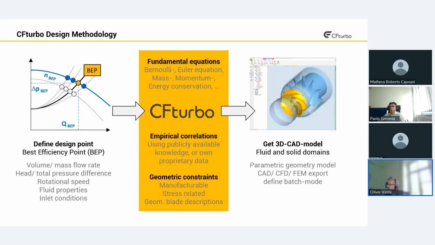We apply a full parametric geometry set, and we also consider the manufacturability, stress-related aspects, and more. And you get a fully parametric 3D geometry, which then can be used, for instance, also in an automated optimization process.